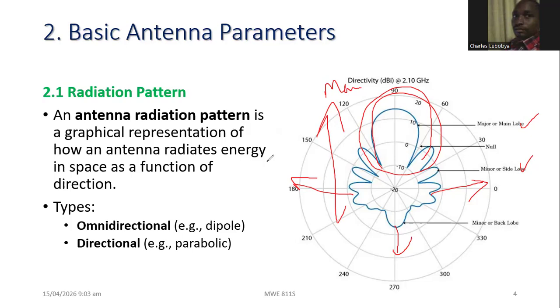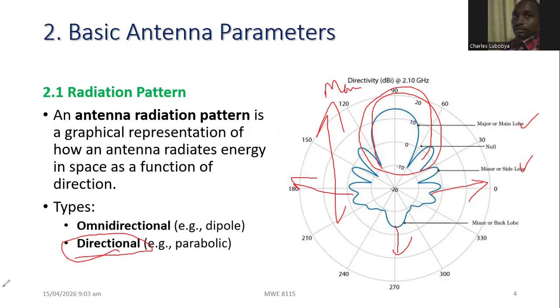But it may also happen that you want to send a signal in a specific direction, maybe in the southern direction or northern direction, at 30 degrees angle from where you are, or 60 degrees, 90 degrees angle, and so on. Then that becomes directional, right? So it means you are radiating these signals in a directional format. Omni means 360 degrees, directional at a selected angle.